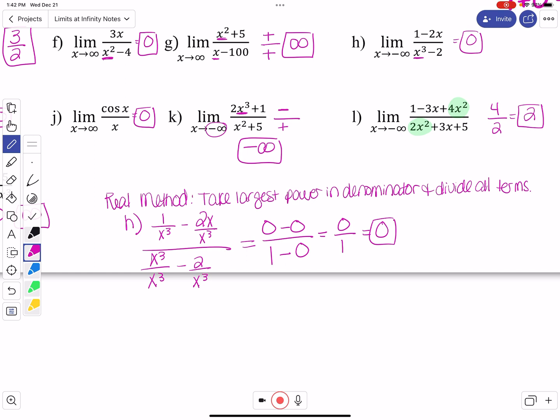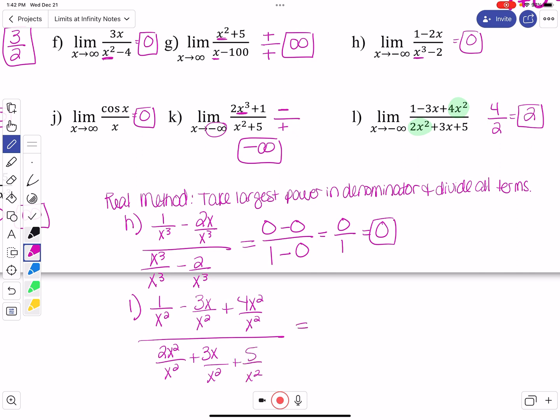And then if I look at L, where I get a finite answer of 2, my highest power on the bottom is x squared. So I do 1 divided by x squared, minus 3x over x squared, plus 4x squared over x squared, and then 2x squared over x squared, plus 3x over x squared, plus 5 over x squared.